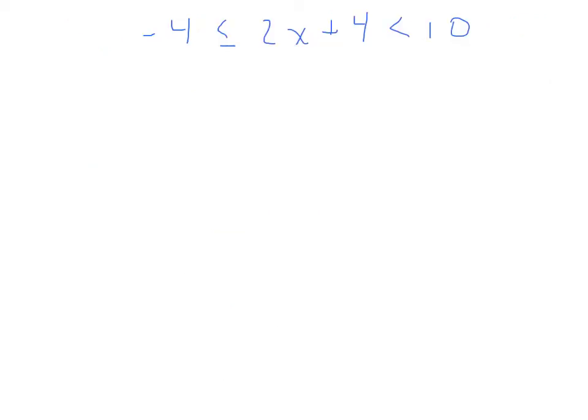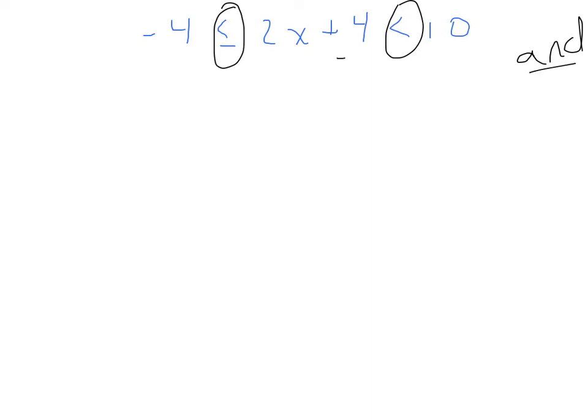That being said, let's look at an inequality that's already set up as a single inequality with two inequality signs inside of it. This just means that this is an "and" problem, and it may be easier for you to solve if you just remember that we're isolating the x in the center, and whatever we do to the center of the inequality we have to at the same time do to both sides.